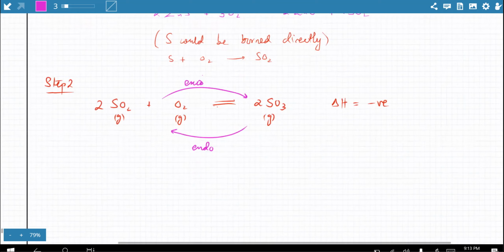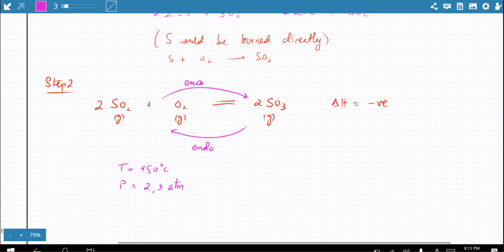Anyways, this is the reaction that's happening, and there are certain conditions used for it. The first is the temperature, which is 450 degrees centigrade. The second is the pressure, which is 1 to 3 atmospheres, or we can say 2 to 3 atmospheres. So it's not a very high pressure.